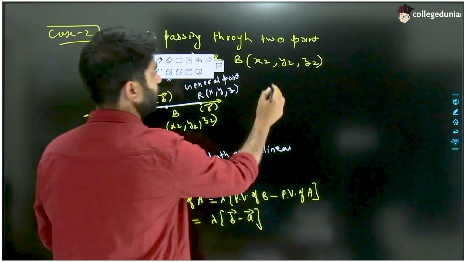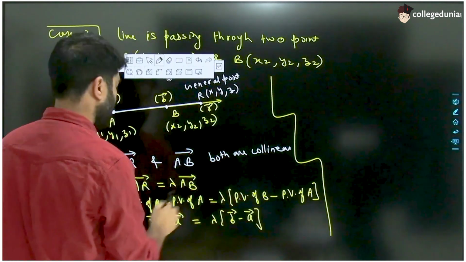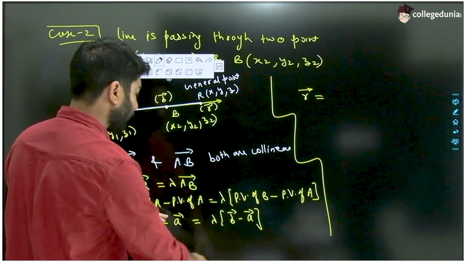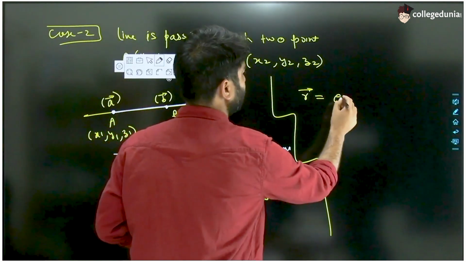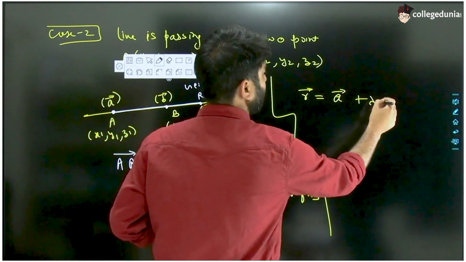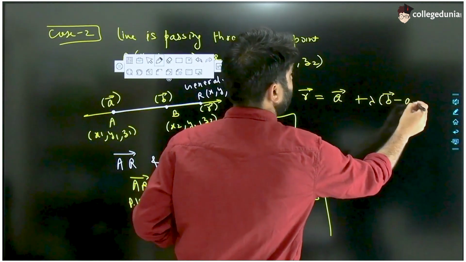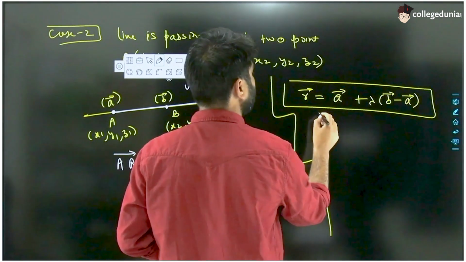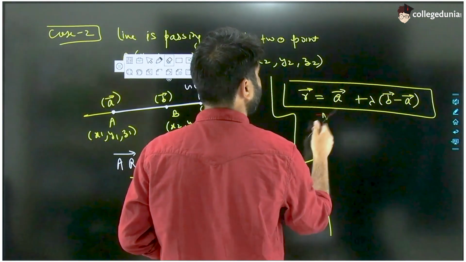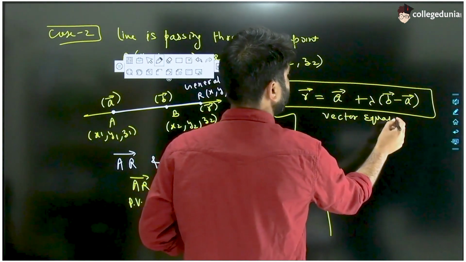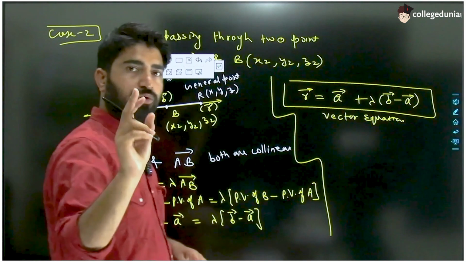Now this will become r vector equal to, transferring this a to the right, it becomes positive, a plus lambda times b minus a. And guys, this is the vector equation of a line when it passes through two given points.